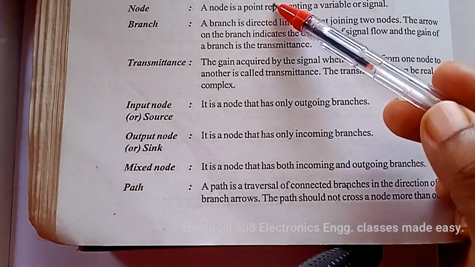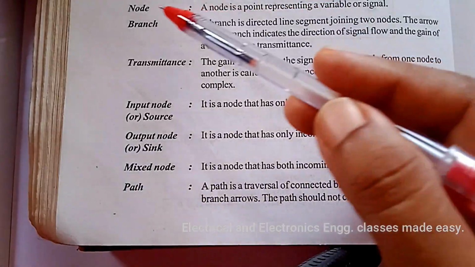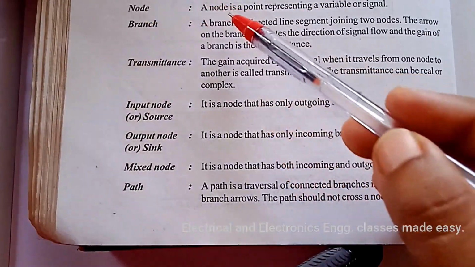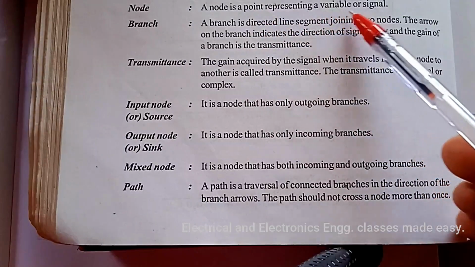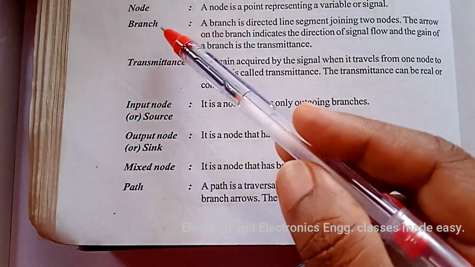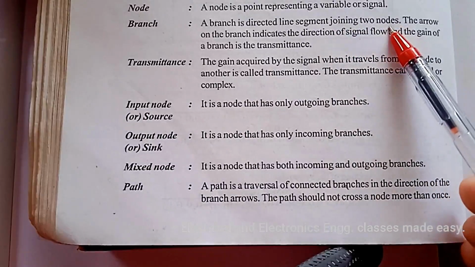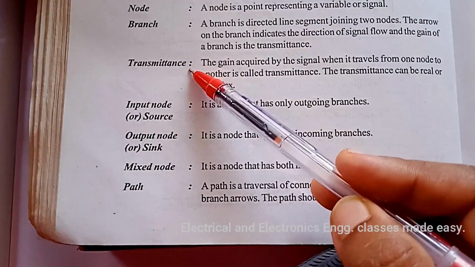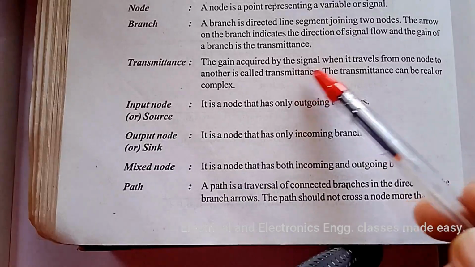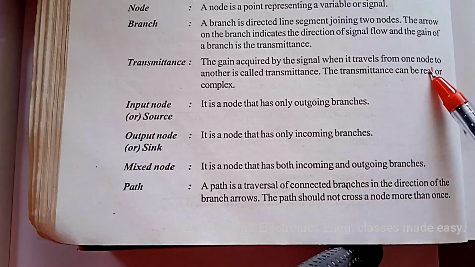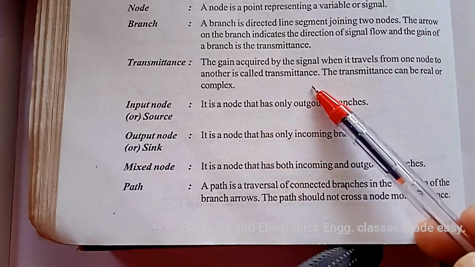The terms used in signal flow graph are: node. A node is a point representing a variable or signal. Then branch. A branch is a directed line segment joining two nodes. Then transmittance. The gain acquired by the signal when it travels from one node to another is called transmittance.